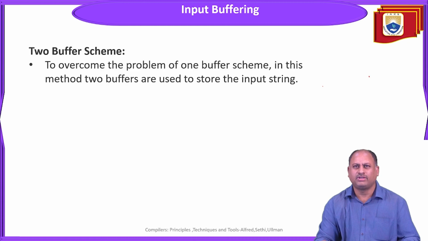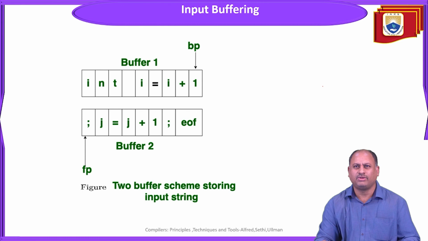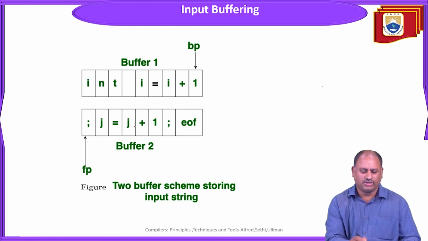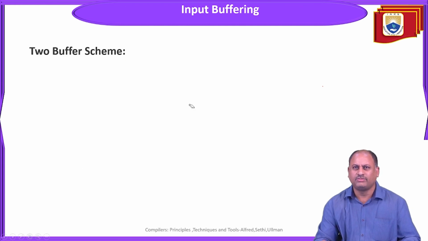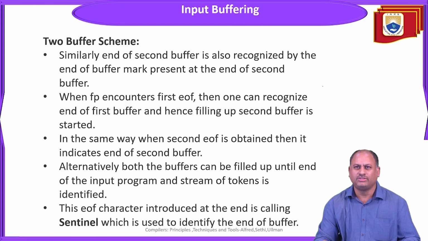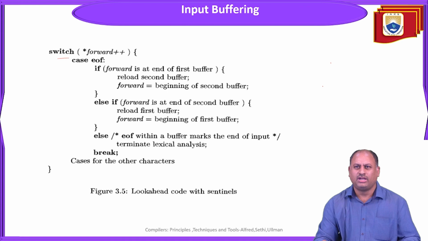Once buffer one completes, it goes to the second buffer. If buffer one is completely filled, it goes to the second buffer, and if the second buffer is also completed, then it moves the contents from buffer one to buffer two. So the algorithm works with the corresponding contents, and the release of the tokens takes place.